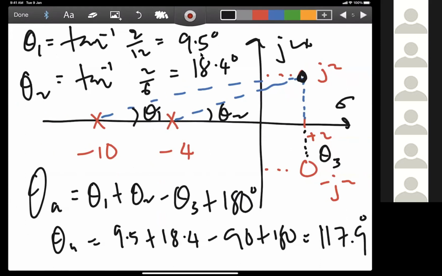For arrival angle, usually we choose the positive side instead of the negative side, the positive j2 instead of minus j2. It's the complex conjugate zeros. When you say zeros, it corresponds to arrival; when you say poles, it corresponds to departure. So you take the positive side. Gotcha, thank you.